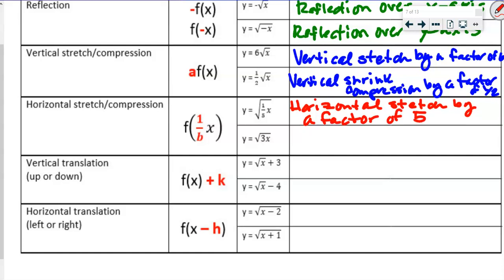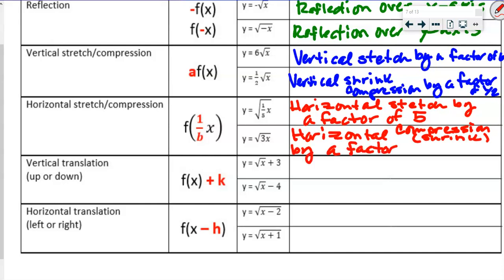So the other one, the 3 times the x, is going to, again, be a horizontal. Now this one's going to be a compression, or what else will we call this? Shrink, by a factor of, again, if it's 3, we're going to say it's 1/3.